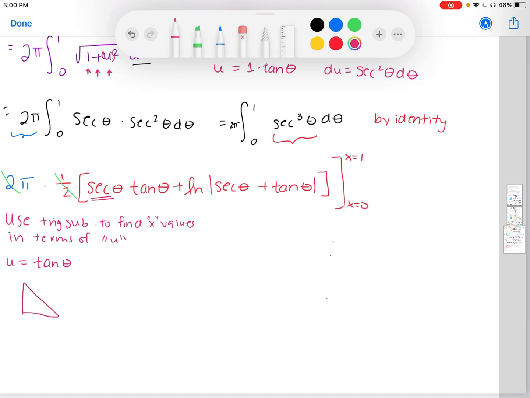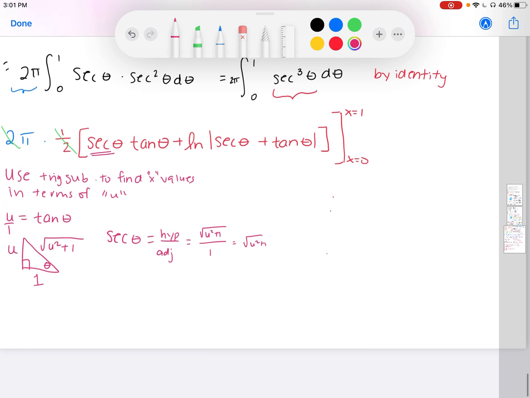If we draw a triangle, 90 degrees, we need a theta. Tangent is opposite over adjacent, so we have u being opposite. We can let 1 be adjacent. So our hypotenuse is the square root of u squared plus 1 squared, so plus 1. Therefore, secant theta: secant is the reciprocal of cosine, and cosine is adjacent over hypotenuse, so we want hypotenuse over adjacent. Hypotenuse is the square root of u squared plus 1, and our adjacent is 1. So it's just the square root of u squared plus 1.